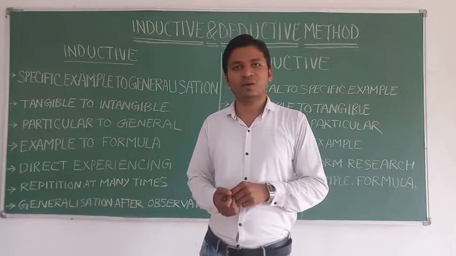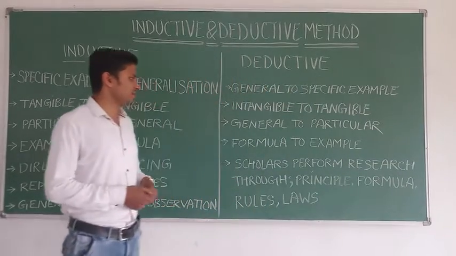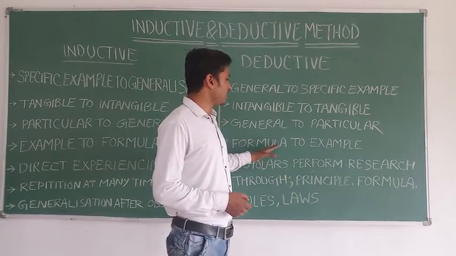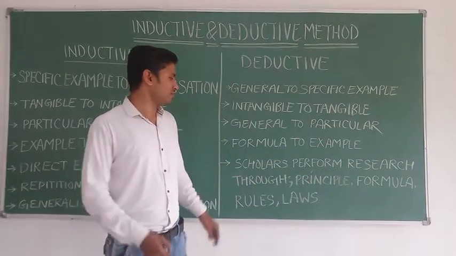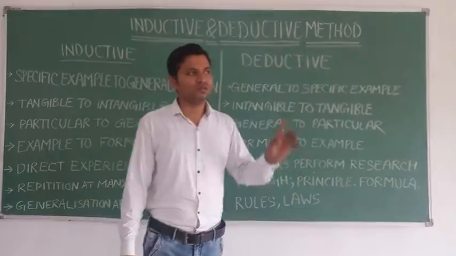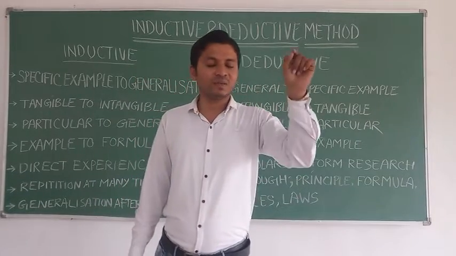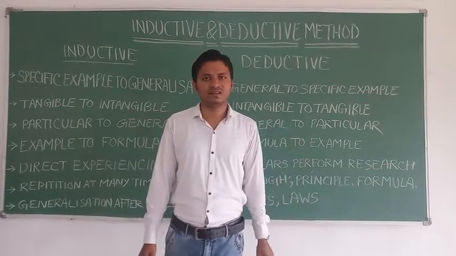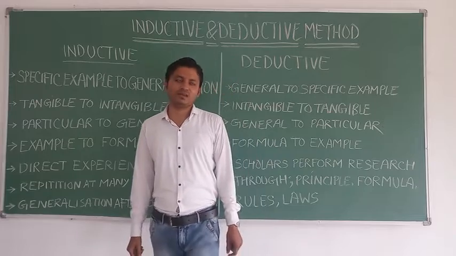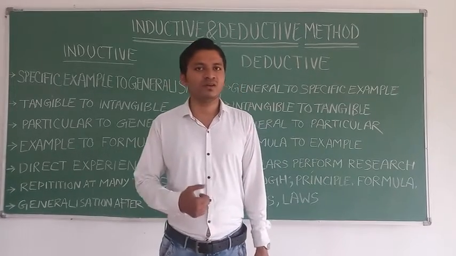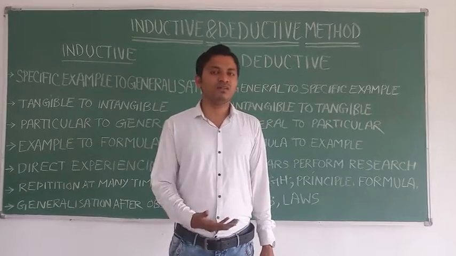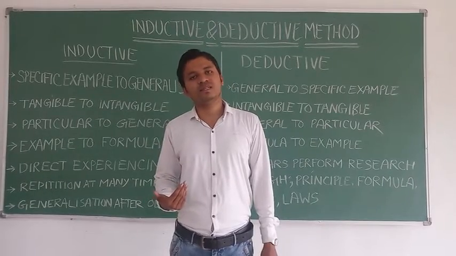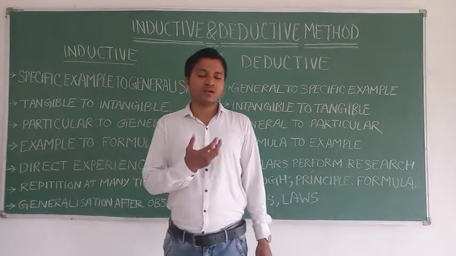The next thing is formula to example. In the deductive method, we go from formula to example. We go from a generalized theory to particular specific persons for testing it, for an experiment over it, to see whether it is contemporary or not, whether the established theory is useful or not, whether the established principle or law is useful or not, whether it is beneficial for the social system, or whether it is an obstacle to our social progress.